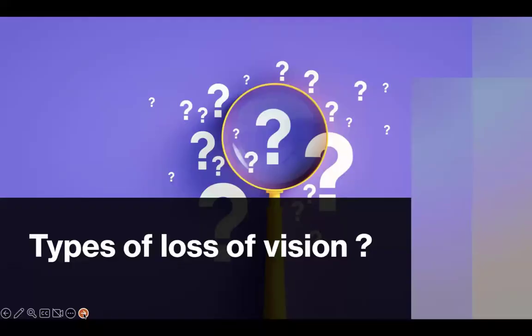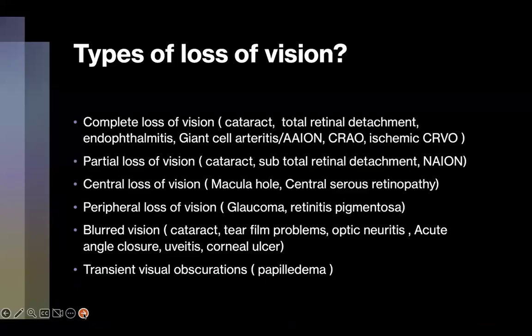There are several types of loss of vision. It can be complete loss of vision, partial loss of vision, central loss of vision, peripheral loss of vision, and some can say blurred vision and transient visual obscuration.